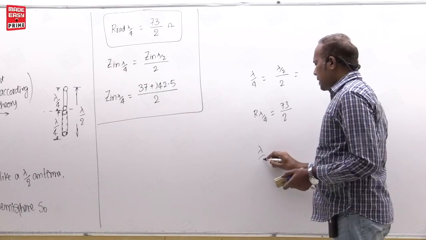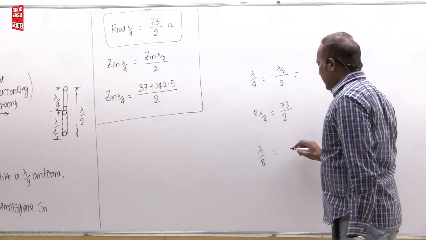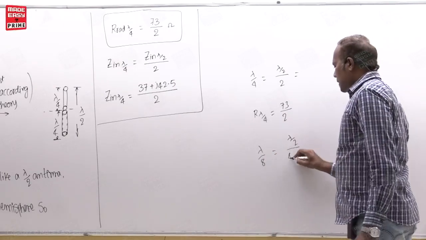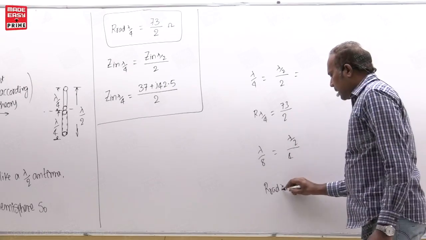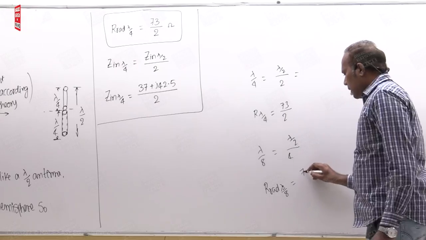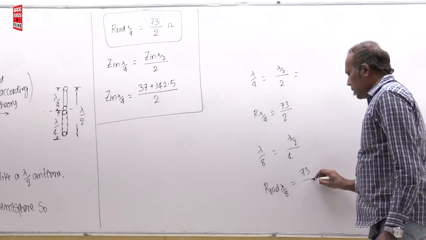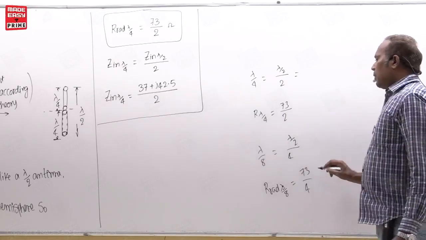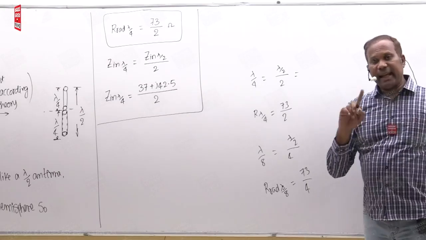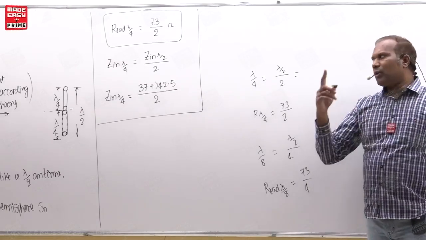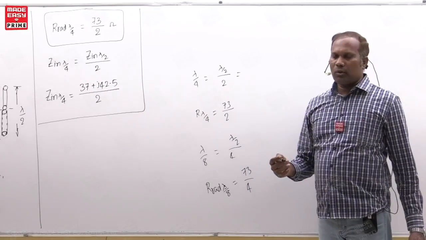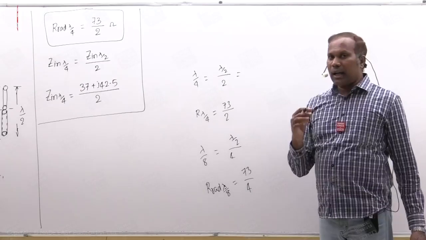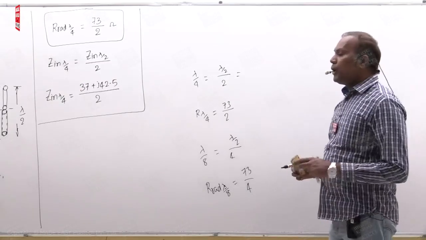For example, the radiation resistance of a lambda by 8 antenna is 73 ohm for lambda by 2 divided by 4. Then what is the radiation resistance of a lambda by 10 antenna? Then you have to go for the Hertzian dipole formula, 80 pi square (dl by lambda) whole square, if the current distribution is uniform.